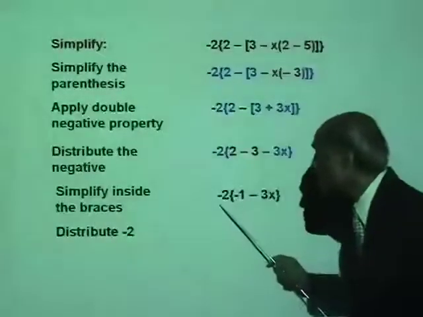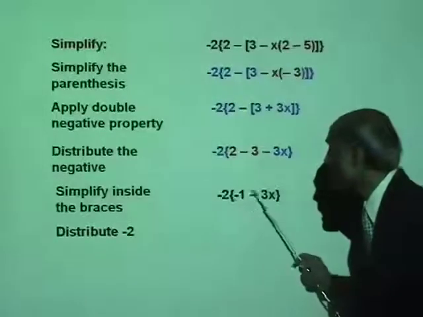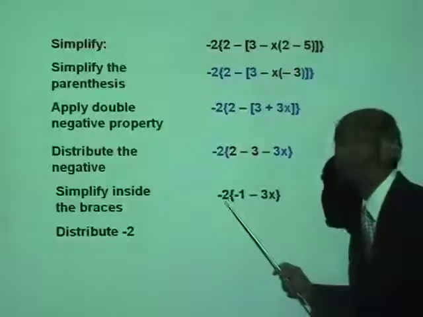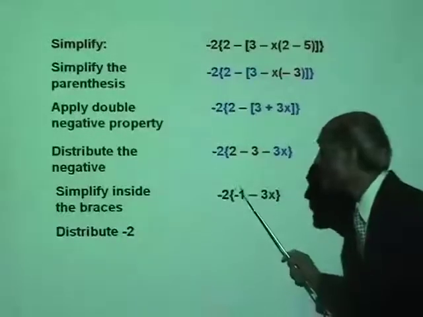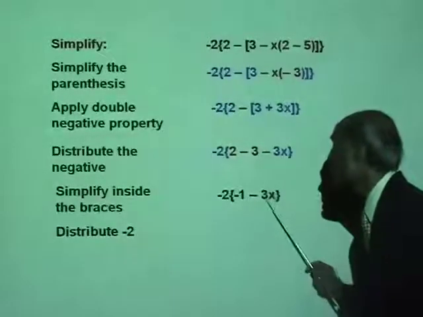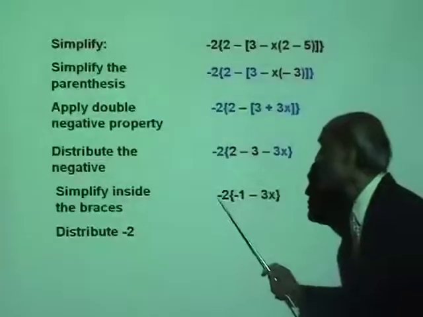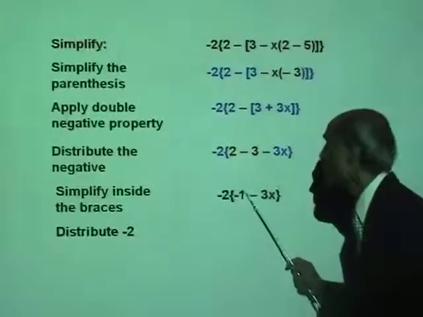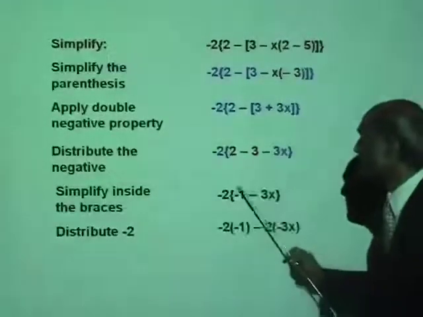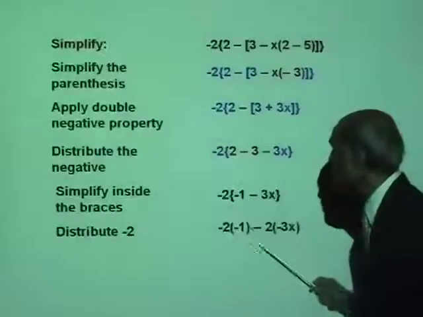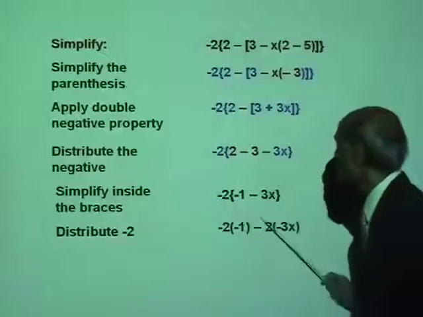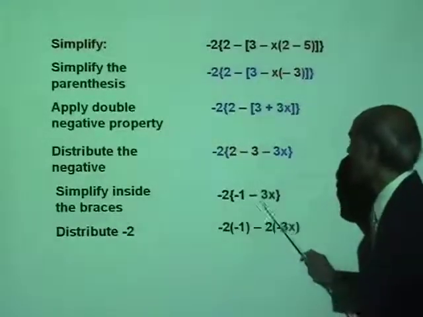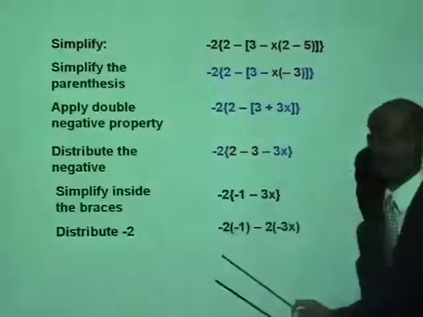Now, this negative 2 is sitting outside the braces, which means this negative 2 ought to be multiplied with each of these numbers. Alright, tell me, what is negative 2 multiplied by negative 1? That would be negative 2 multiplied by negative 1, and then negative 2 multiplied by negative 3x.